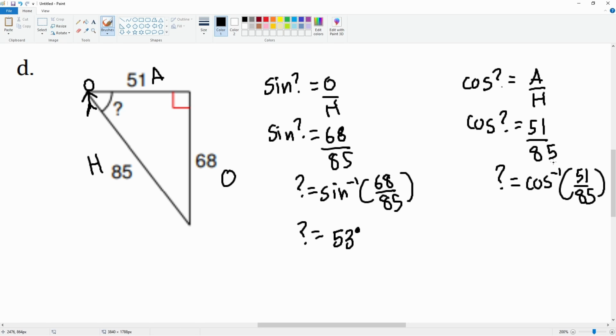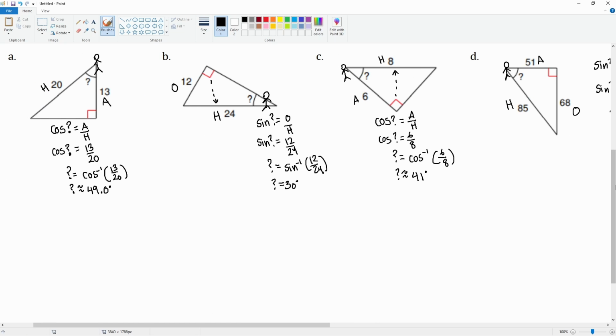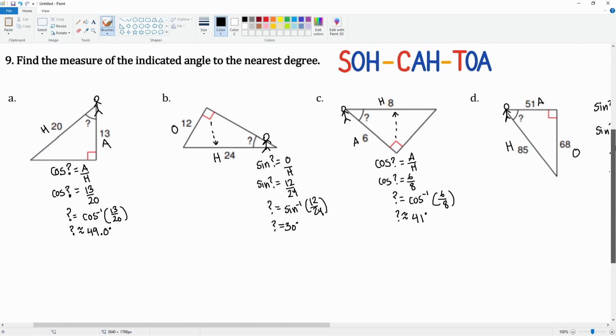That is how we get the question mark by itself. So we plug in cosine inverse of 51 divided by 85. This gets you, again, 53 degrees. So I just did it 2 different ways and I still got the answer of 53 degrees. So there you go. This is how we find that missing angle. We apply the inverse trig ratios.